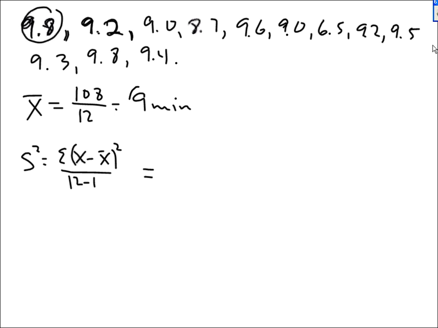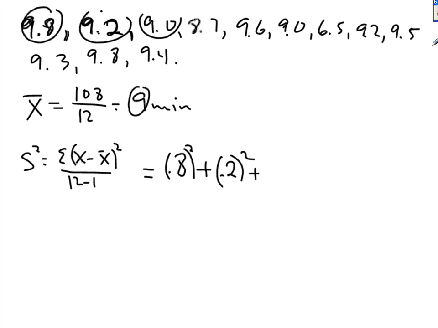This number minus that is 0.8, and it gets squared, plus this number minus 9 is 0.2, and you square it. This number minus 9 is 0. You square it, you get 0. I won't bother with that. This number minus 9 is 0.3.